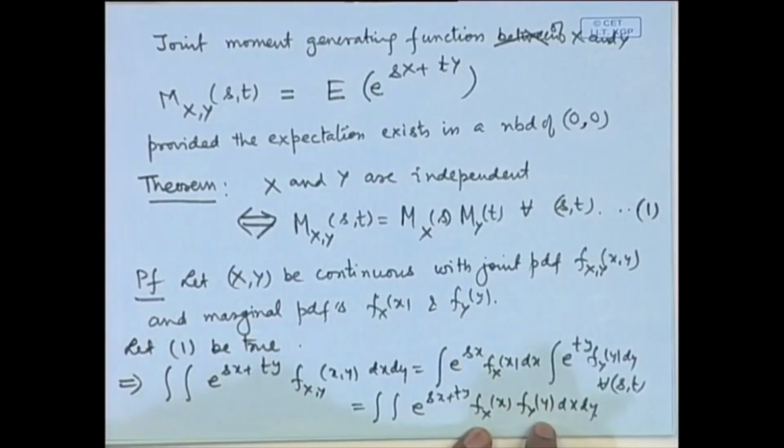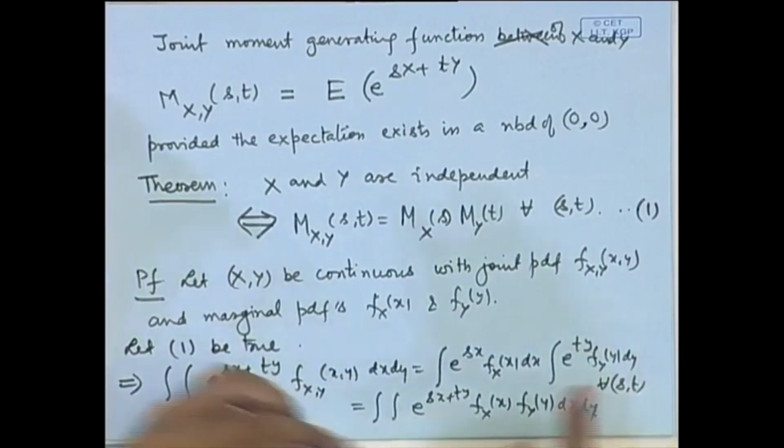The right hand side denotes the joint MGF of the random variables x and y when their joint distribution is given by f x into f y, and this statement is true for all s t. So, by the uniqueness of the MGF, the two densities must be the same.